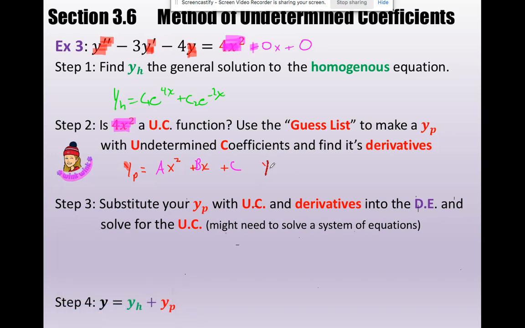So what is the first derivative of this particular? And the second derivative of that particular. Right, this is my guess. Did its derivatives. Now I'm going to substitute back into here.